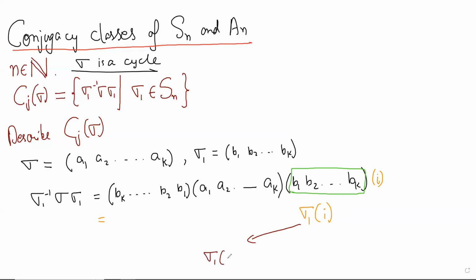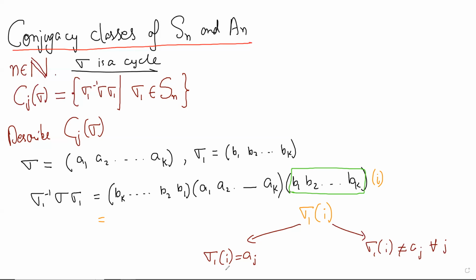So if sigma 1 I is equal to aj for some j, that can happen, or sigma 1 I is not equal to aj for all j. These are the only two cases based on which you will do something different. So if sigma 1 I is equal to aj, then what do you do?